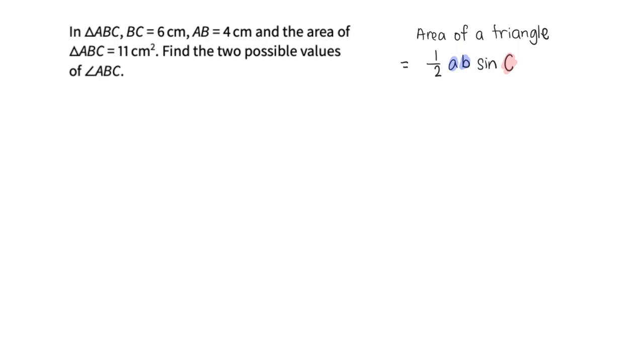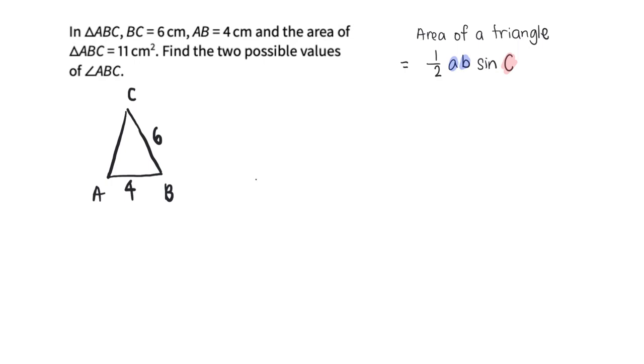Given BC, AB is 4 cm and BC is 6 cm. This is one possible way of the triangle.